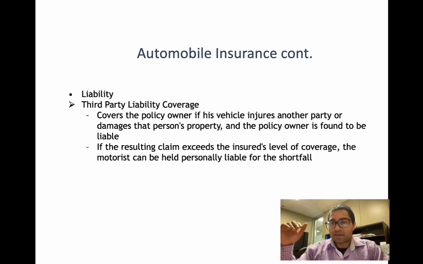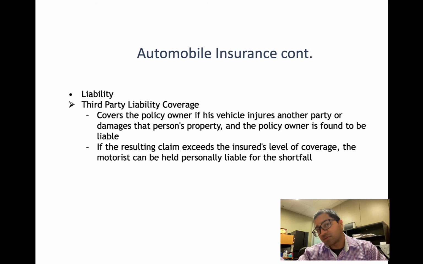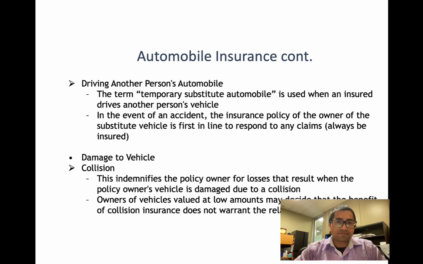But if the person who you have caused damage to sues you for $1 million and the courts agree to that, like the lawsuit means $1 million is awarded to him, the insurance company will only pay $200,000. The rest of it you have to cover. So in case you do not have enough third party liability coverage, you have to pay from your own pocket. That can be quite damaging.